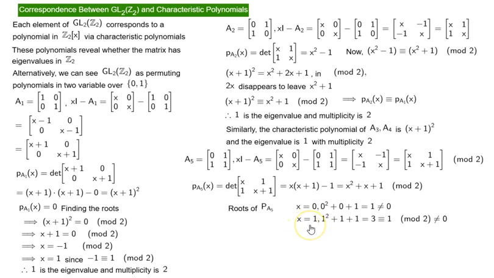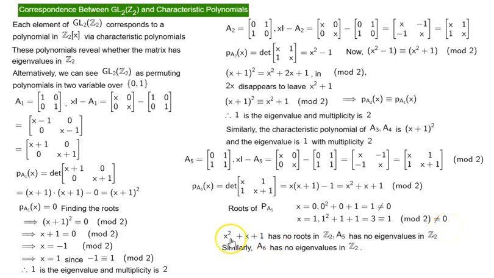Now if we take x equal to 1, we get 1 squared plus 1 plus 1, which is equal to 3, which is equivalent to 1 mod 2, again not equal to 0. So that means x squared plus x plus 1 has no roots in Z2, which means A5 has no eigenvalues in Z2. And if you do the same with A6, you will end up with no eigenvalues in Z2 as well.